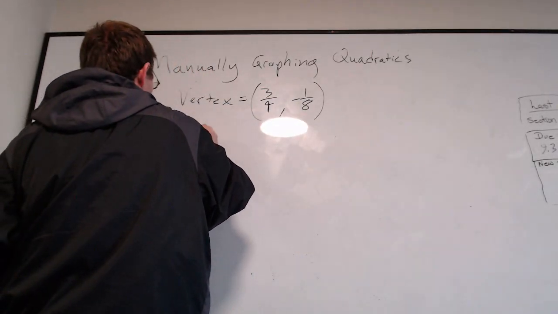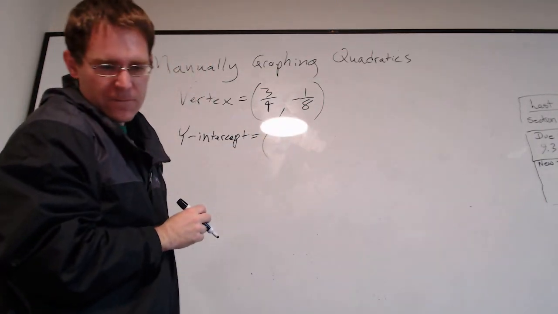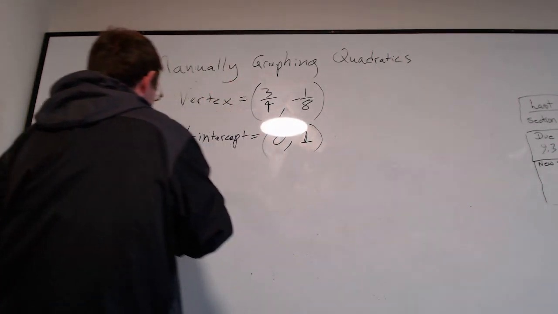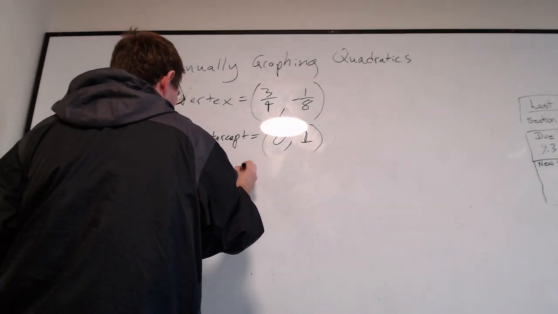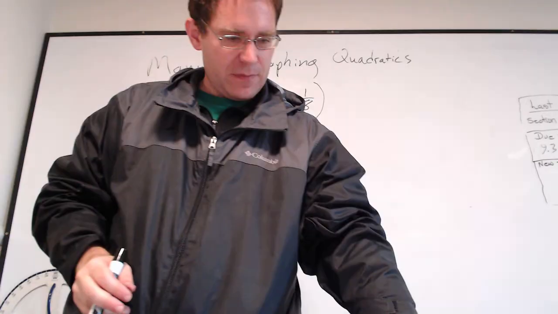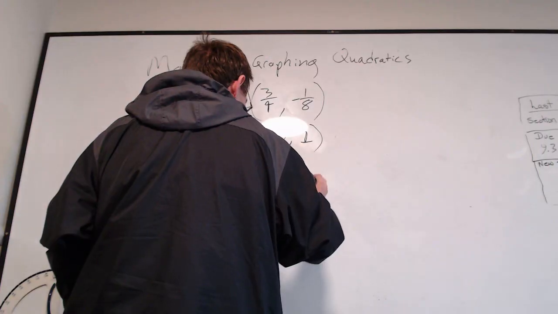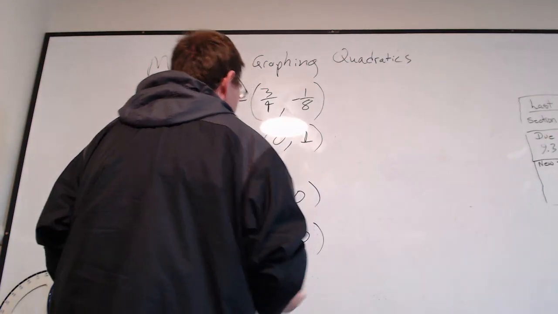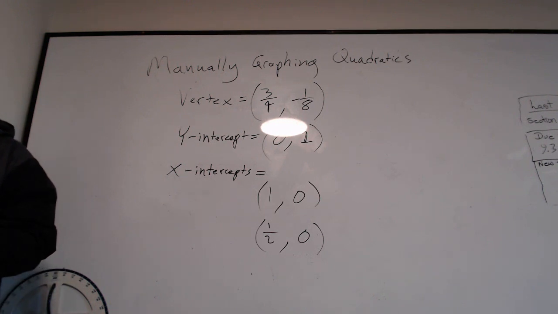Y-intercept. So effectively we have 4 points that we can graph. Does everyone see that?